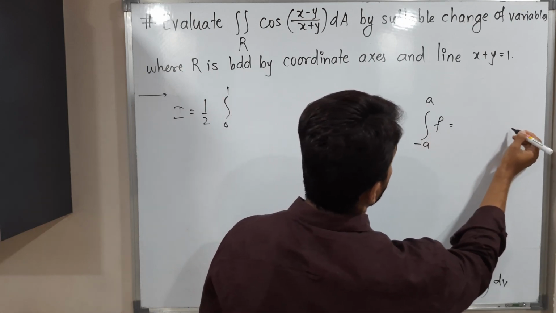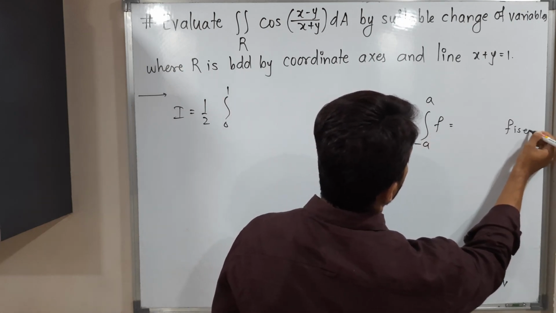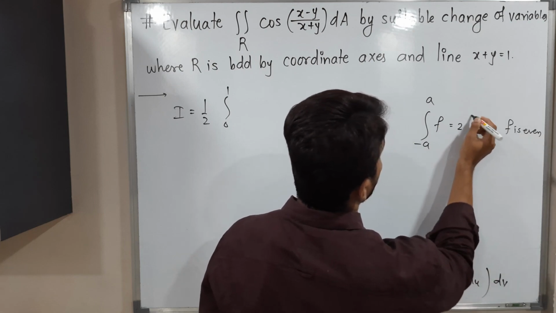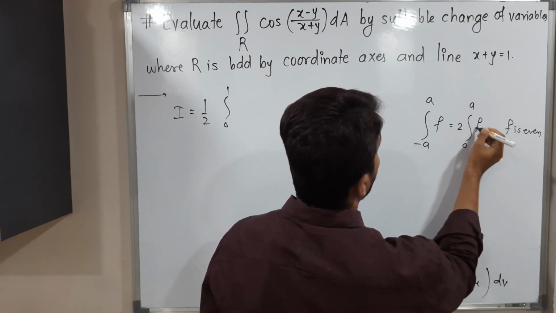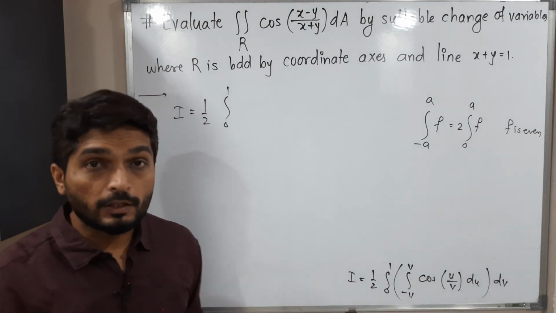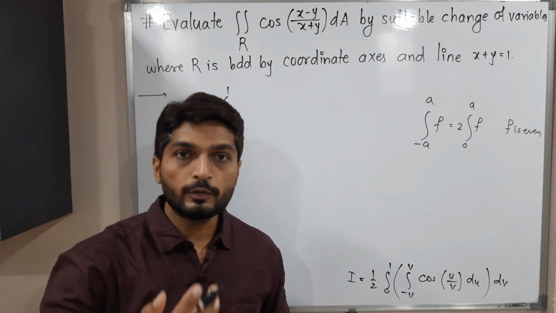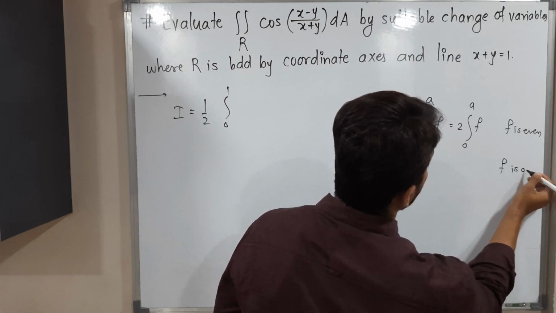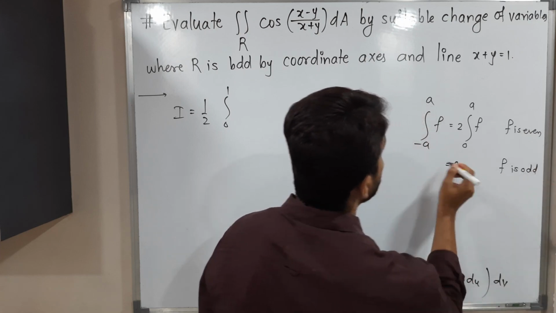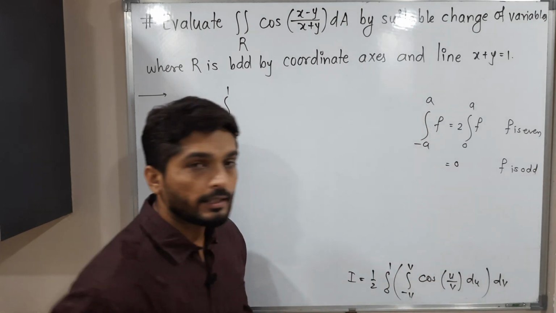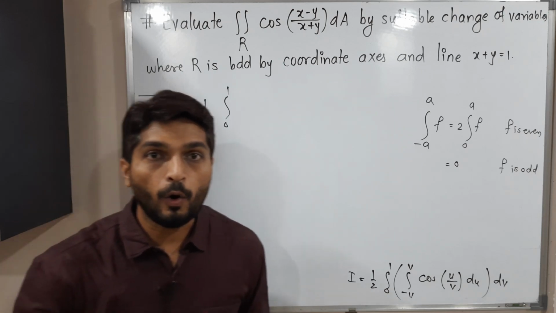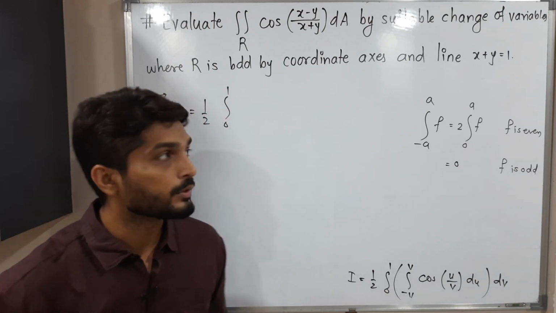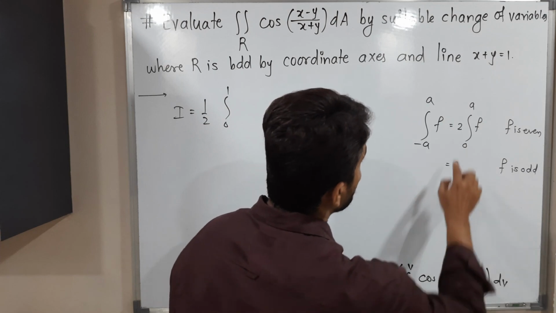If the function is even, we can write 2, 0 to a, f, and you can change the limits. If f is odd, the value of the integral is 0. So cos is an even function and sine is an odd function. So cos is even, that's why I should write 2 first.